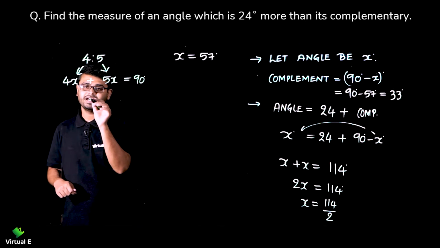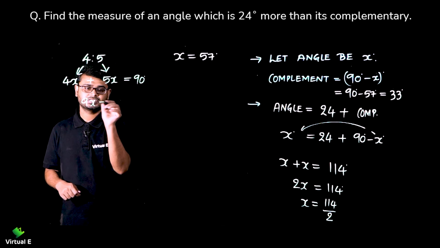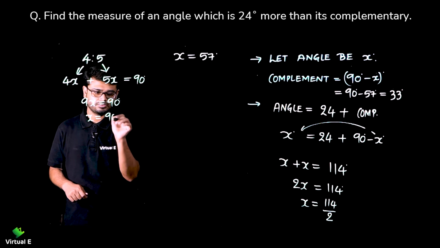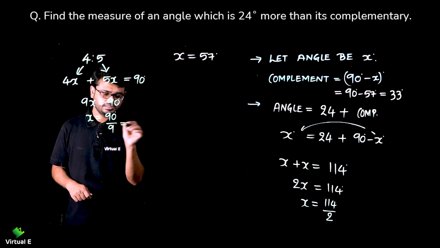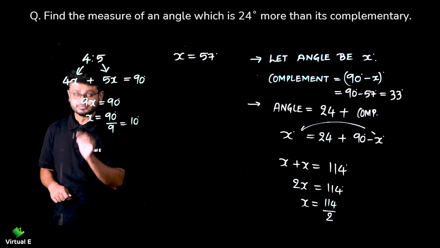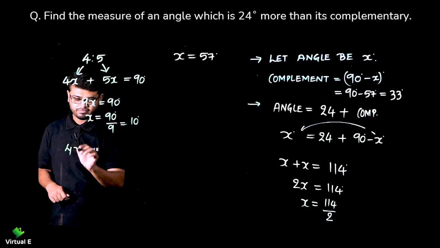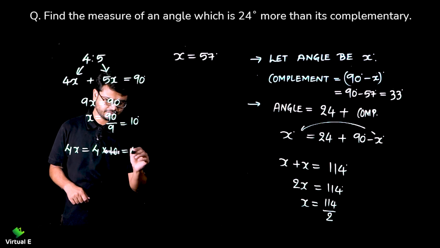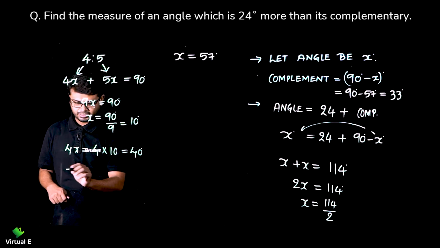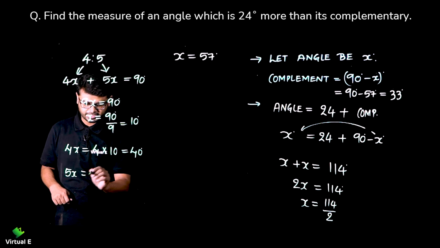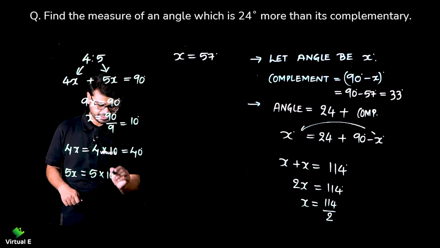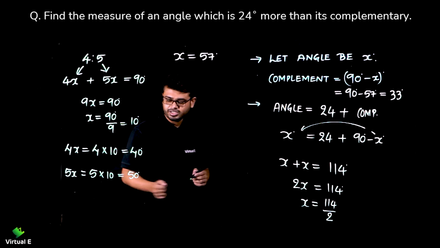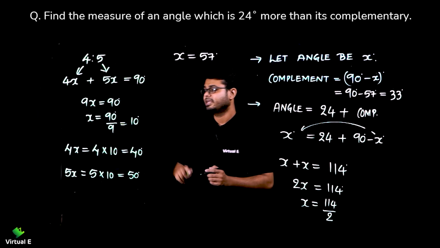So 4x plus 5x will give you 9x is equal to 90 degree. So x is equal to 90 degree by 9, that is 10 degree. Now if we want the value of the angle, we can write 4 multiplied by 10, that is 40 degree, and another is 5x, that is 5 multiplied by 10, that is 50 degree. And you can check, if you add 40 plus 50, you'll get 90 degree.